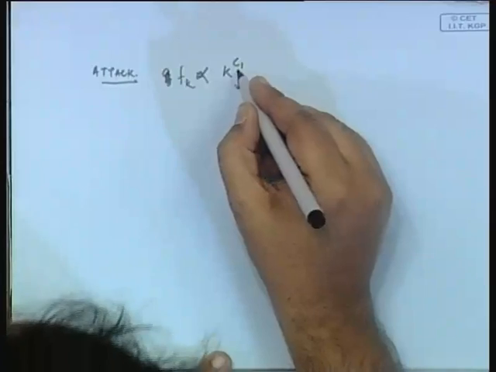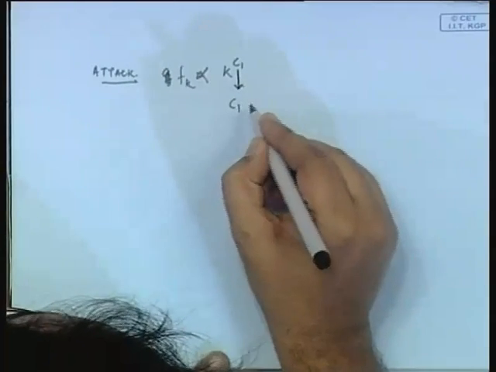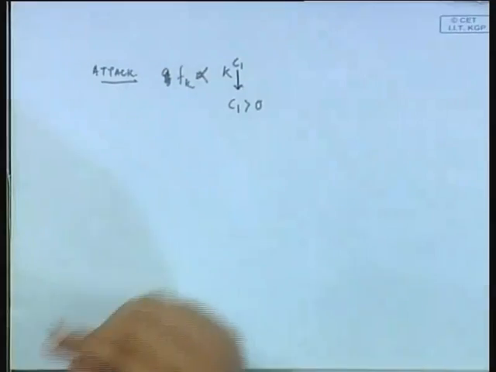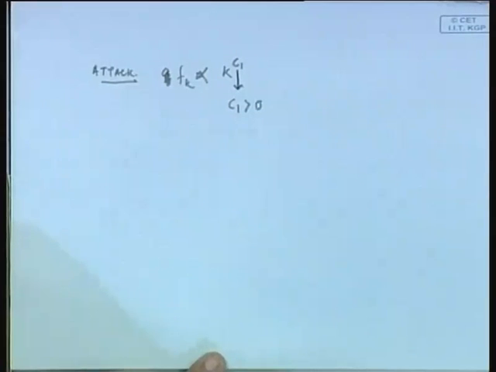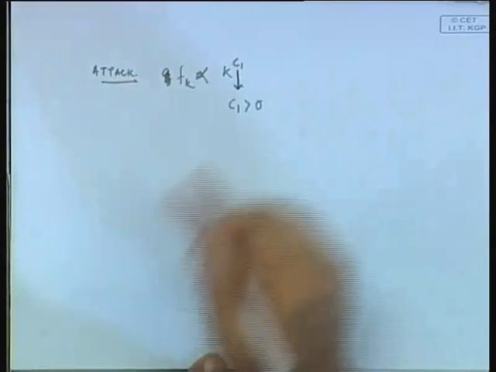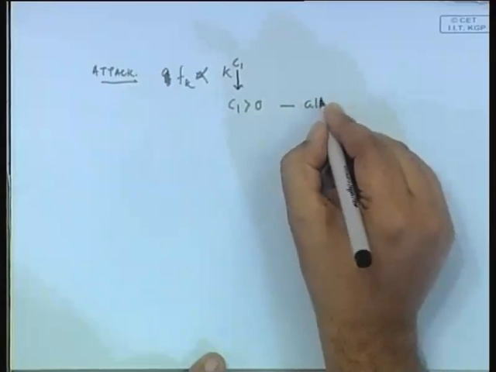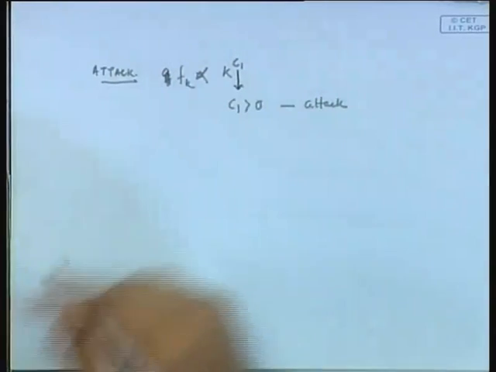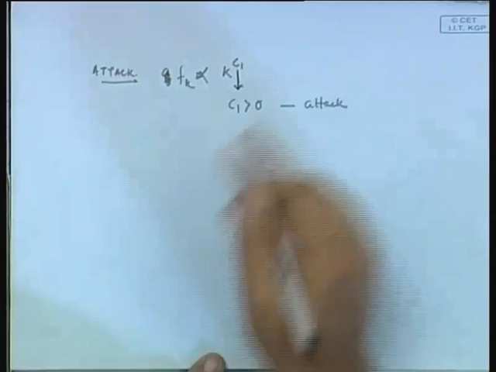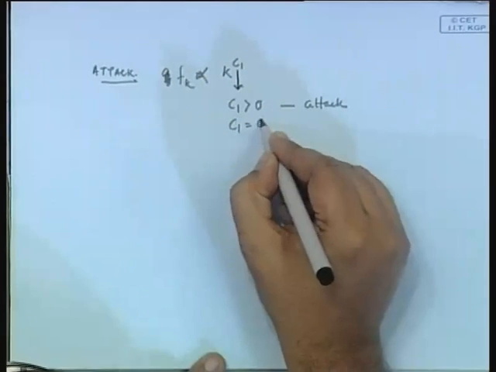So now, let us see the value of c 1. If c 1 is greater than 0, that means it is attack. What happens if c 1 is equal to 0?